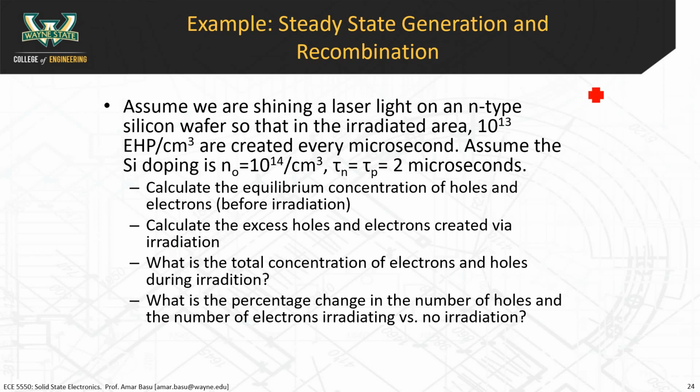So at t less than 0, we just have silicon material. Okay, some of this is going to be a repeat of that last problem. At t equals 0, we're shining light on the material.